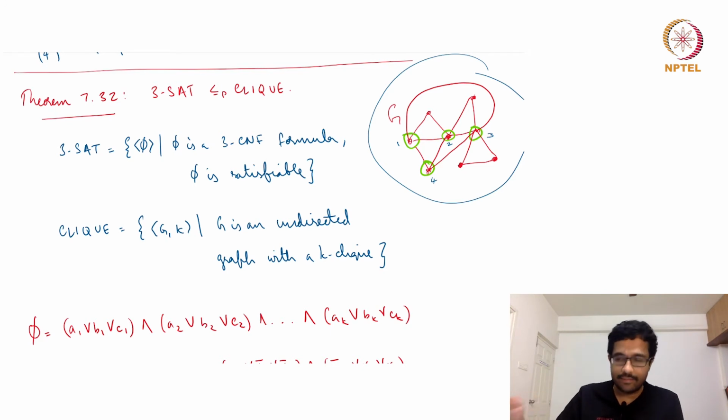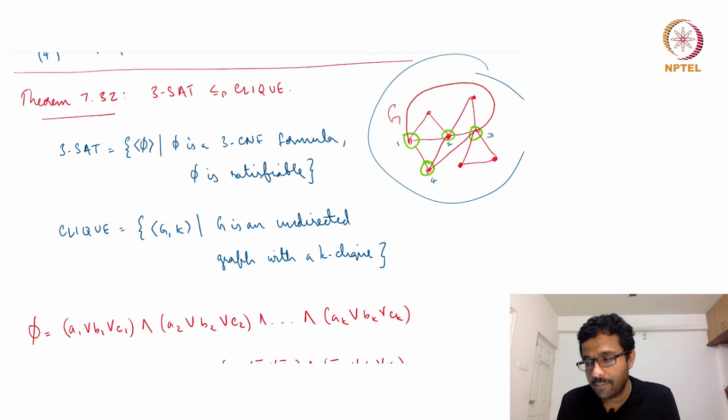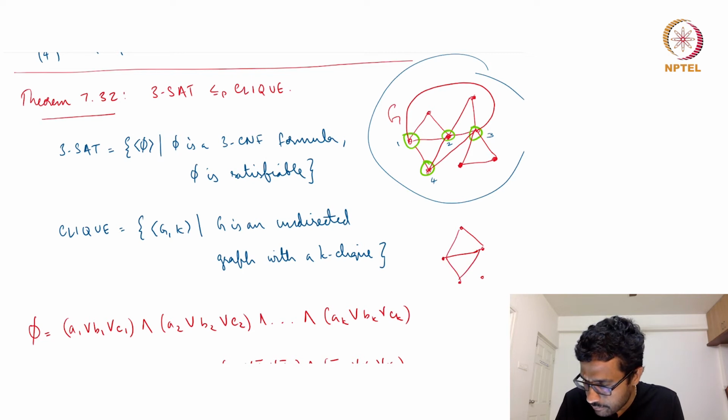There is a result, not really related to complexity theory, in graph theory, that states this. It's something you can just try out. You try connecting all the vertices to each other, like this, so 1, 2, 3, 4.